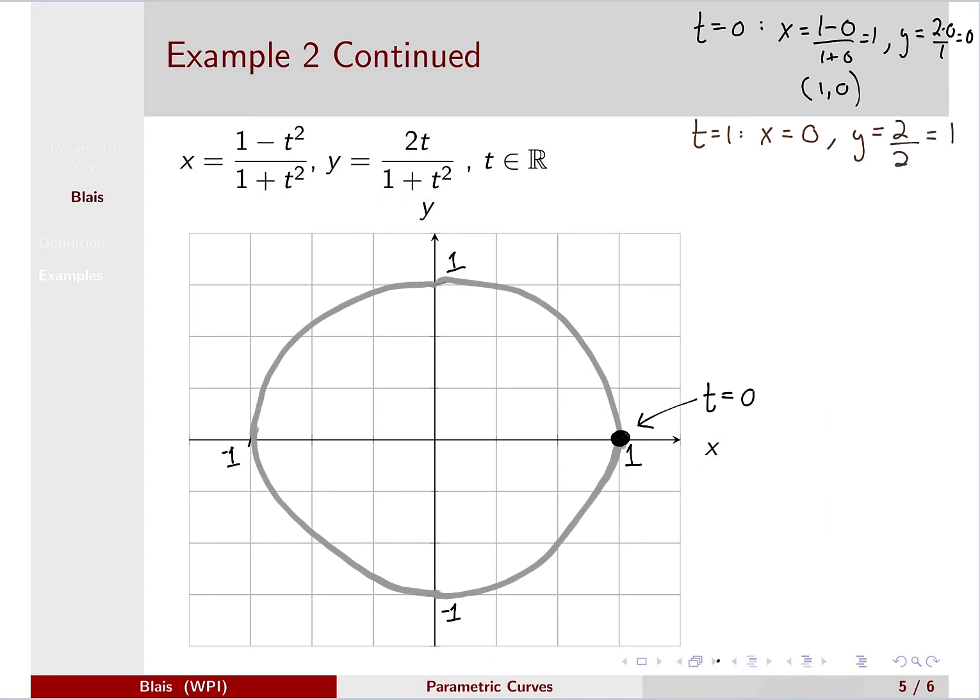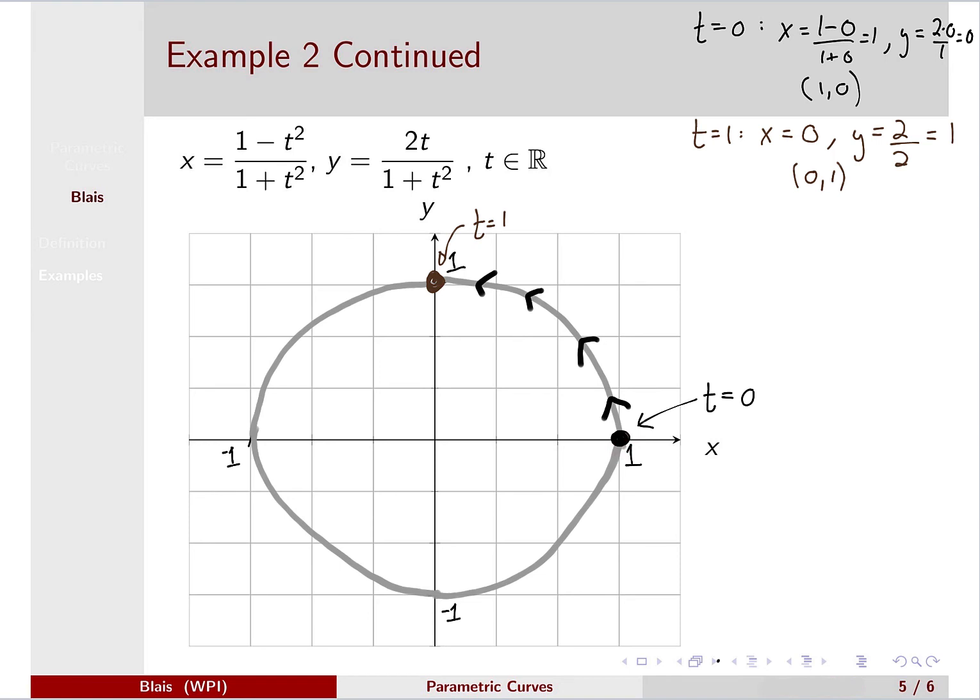And so we're at the point (0, 1). And what this looks like is a parametrization where we're moving, again, counterclockwise along the unit circle from the point (1, 0) to the point (0, 1).